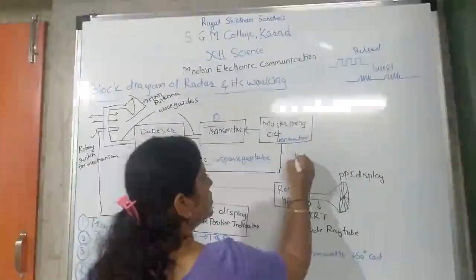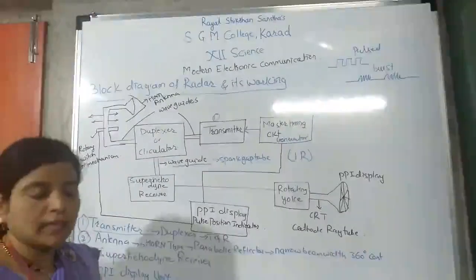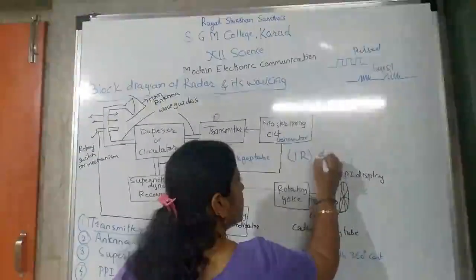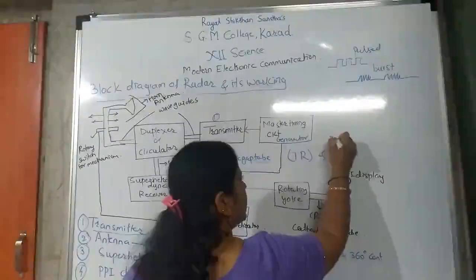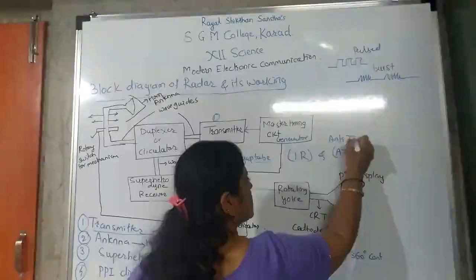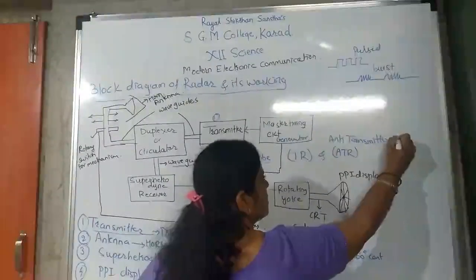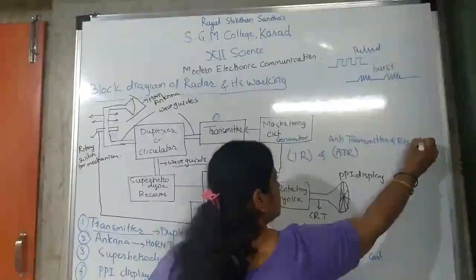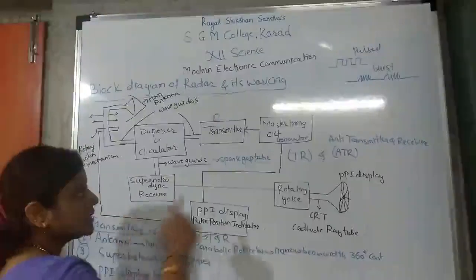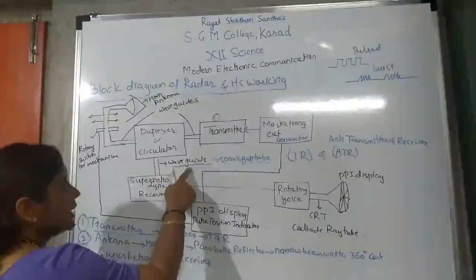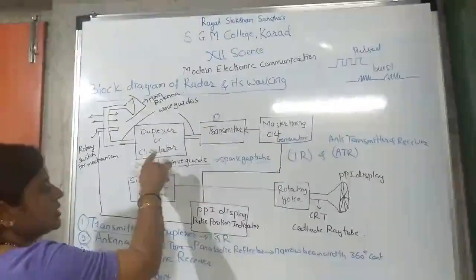It refers to the transmitter and receiver, and is called the TR signal, and it also has ATR, which means anti-transmitter and receiver. So here the transmitter sends the signal to the duplexer or circuit.